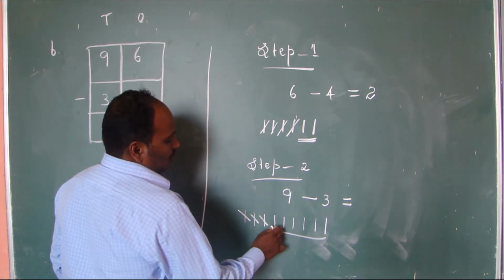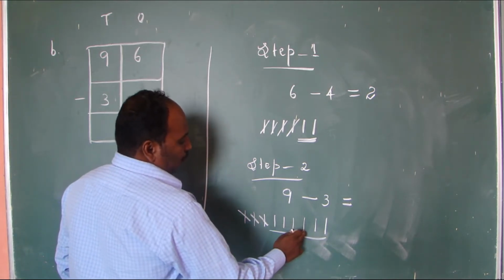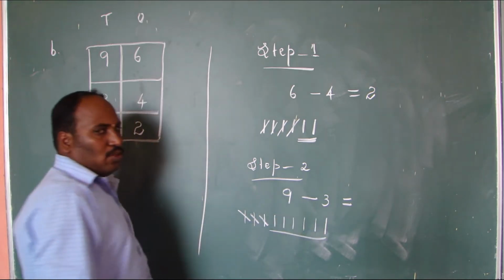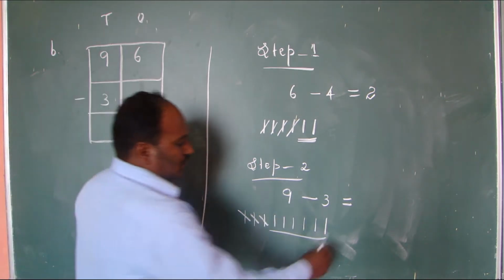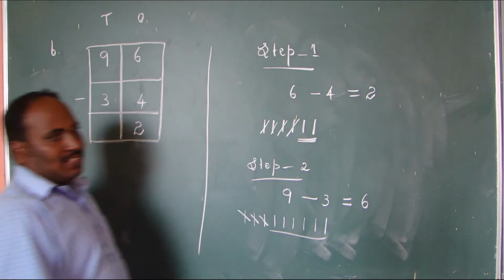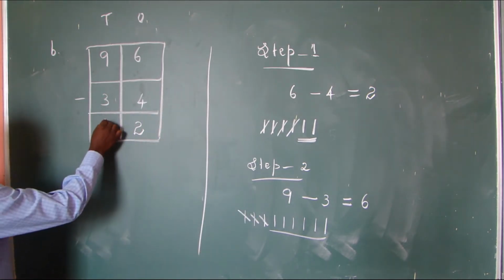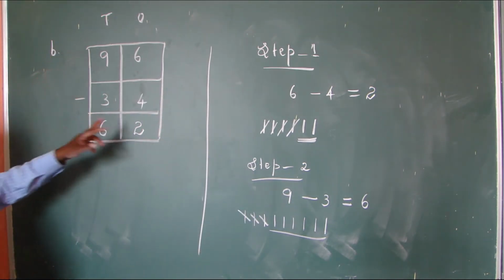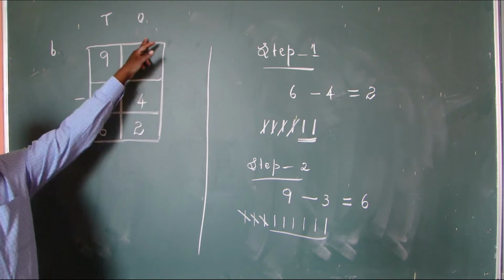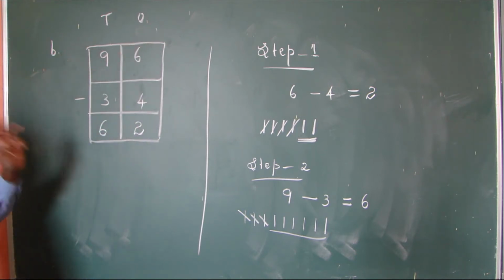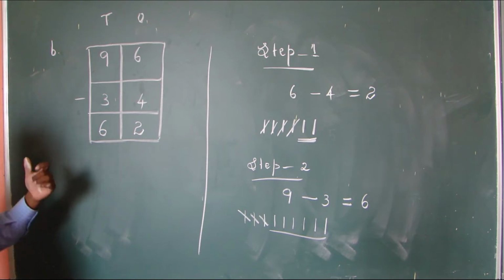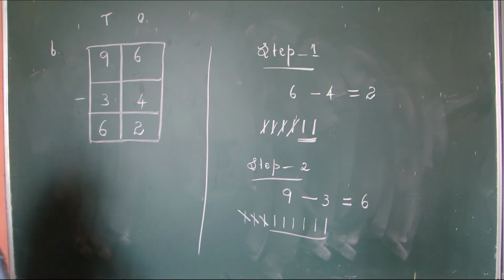Balance 1, 2, 3, 4, 5, 6. So 9 minus 3 is equal to 6. 6 tens, write in tens place. Here 2 ones and 6 tens is 62. Our answer is 62. Next one, C part.